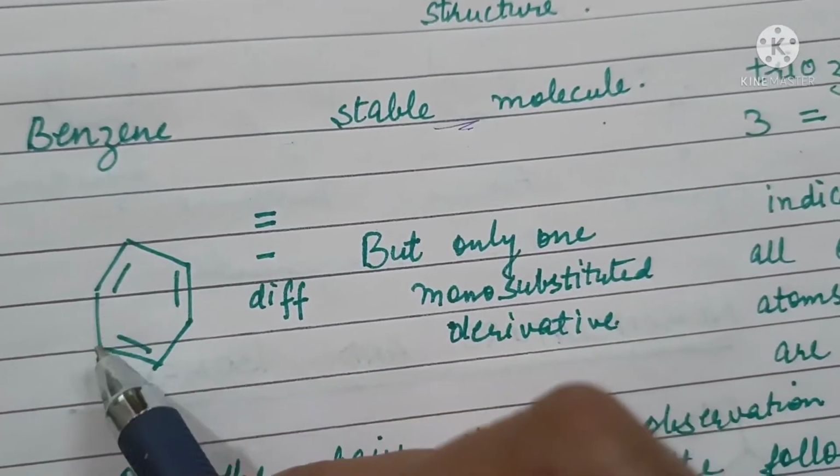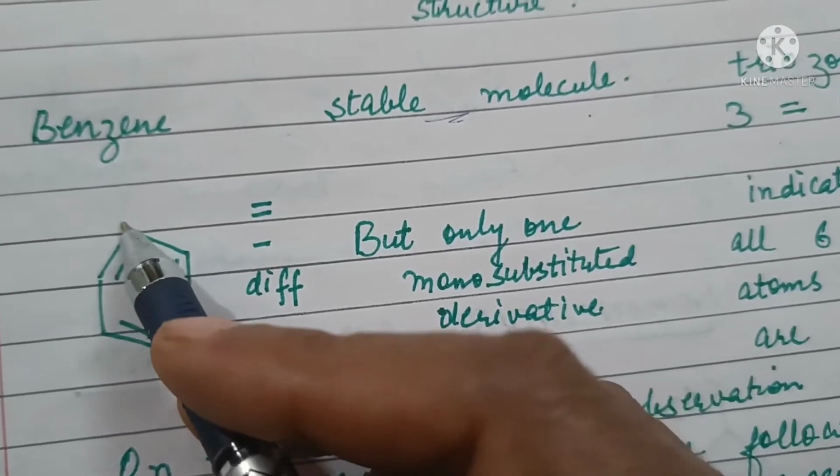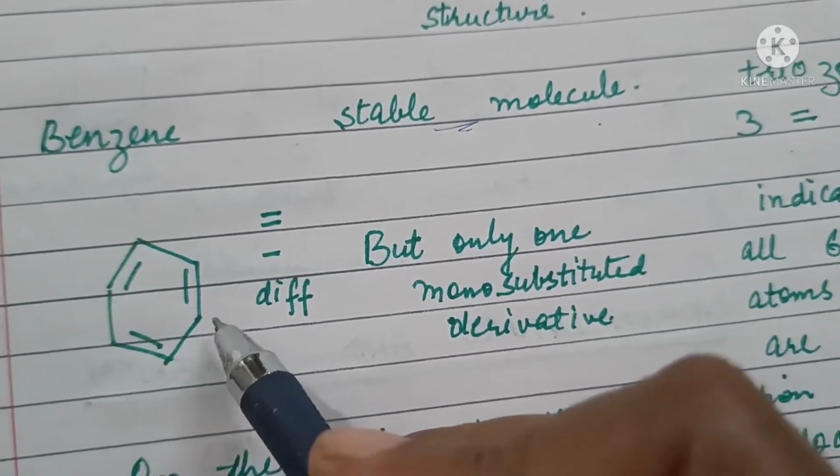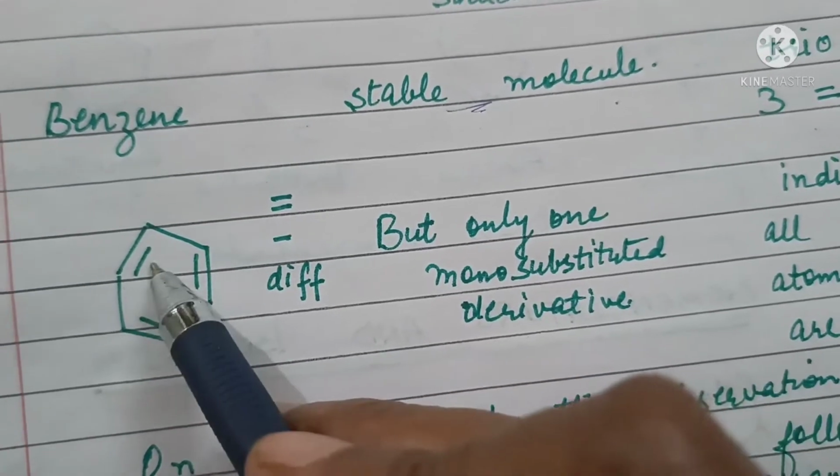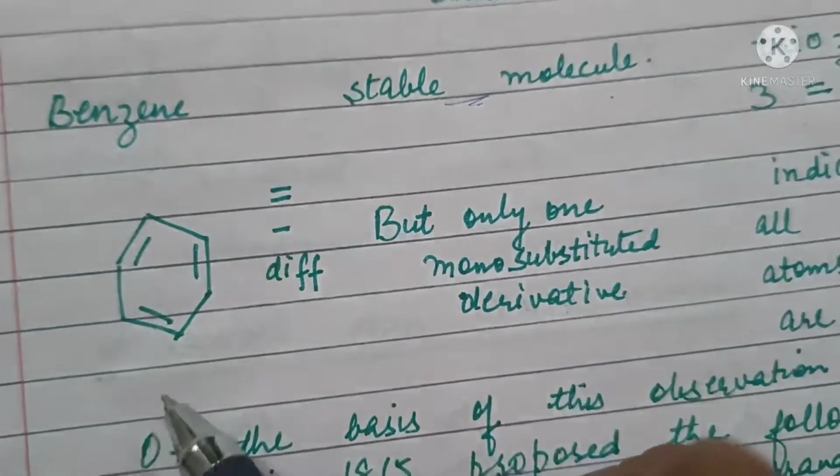So when we put these double bonds in a cyclic structure of 6 carbon atoms, these double bonds come at alternate positions, double, single, double, single.